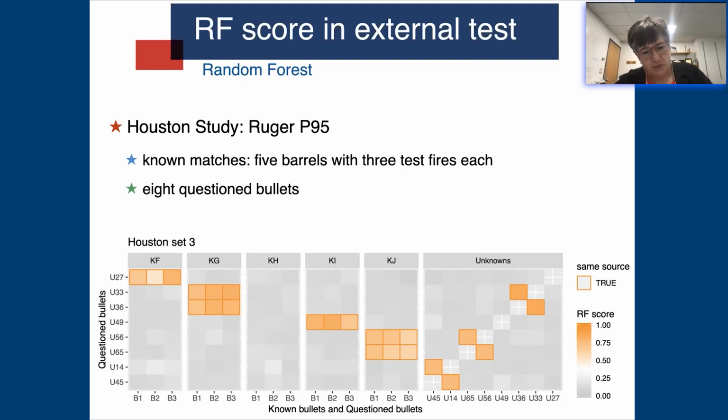So in the future, obviously we want to refit the random forest to include more bullets and to include more combinations of ammunition types and firearm types and rifling types.